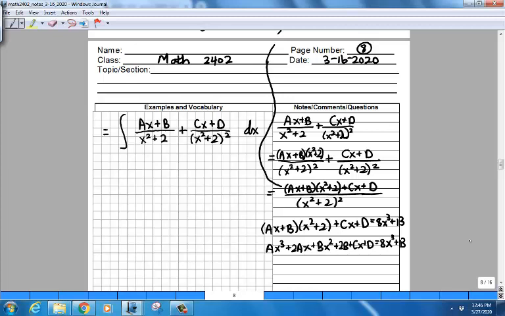Notice you only have one x cubed term and only one x squared term, so we can't combine anything with those. But we have a couple of x terms, 2ax and cx, so I can add them by adding their coefficients.